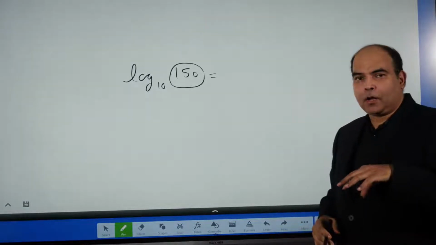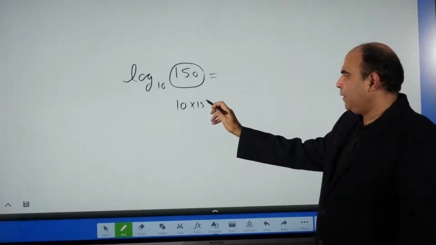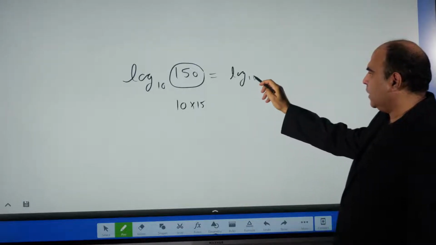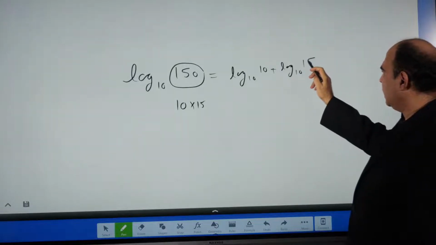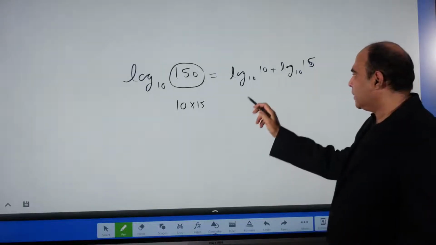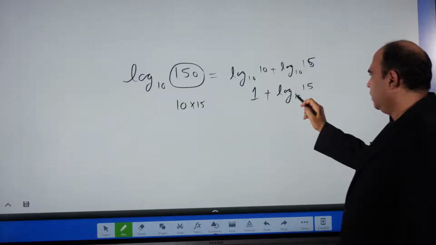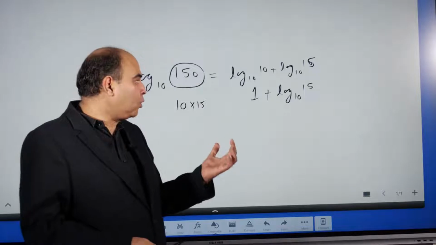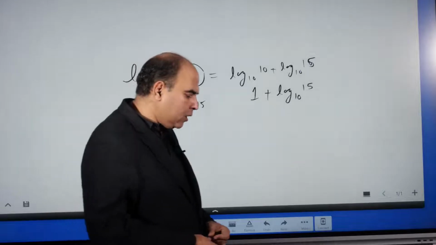You know log AB, and now you want to break it into log A plus log B. So for example, if you can think of 150 as 10 into 15, one of the moves you can do in this question is you can write this as log to the base 10 10 plus log to the base 10 15. You will see log 10 to the base 10 is 1. So you can write this as 1 plus log 15. And you can further break down log 15 as 5 into 3 if you want to, and you can further simplify this if required based on the situation in the question.